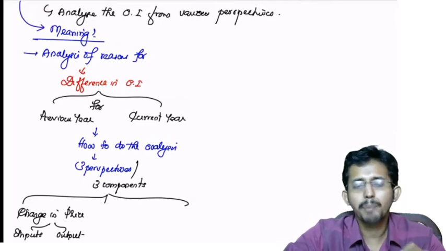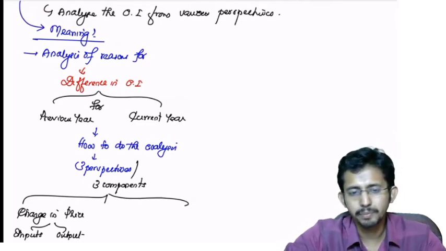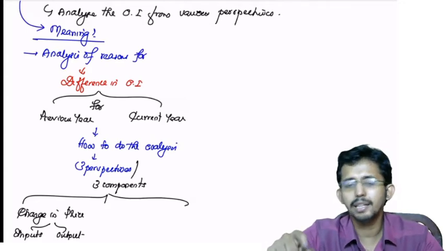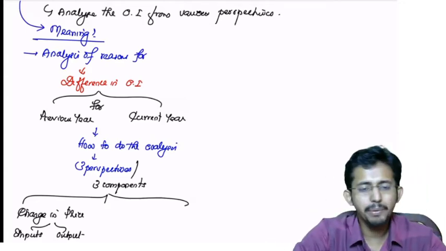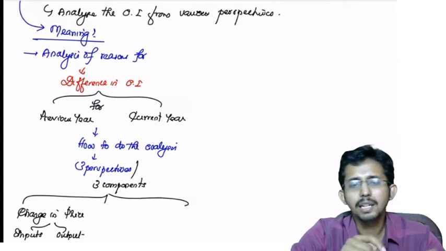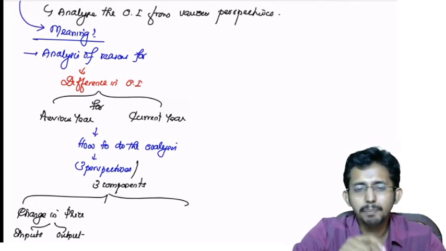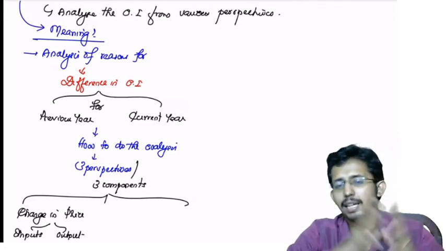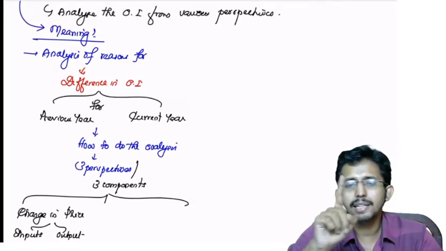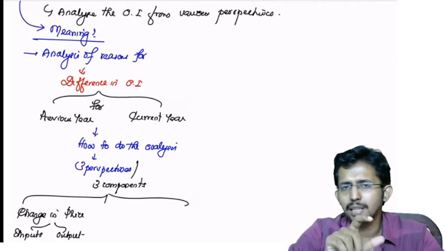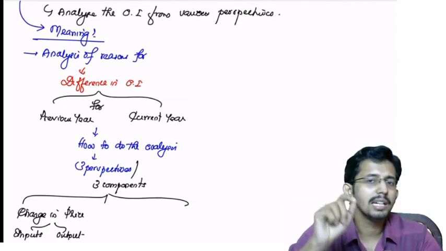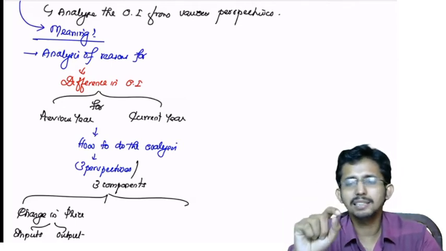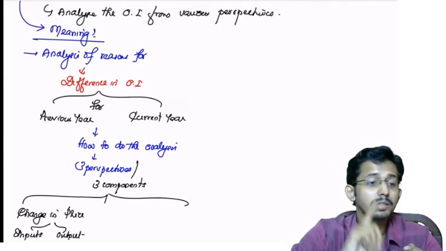So if the price of the input or output has changed for the current year in comparison to the previous year, will it make a change in the operating income of the current year and the previous year? Definitely yes. So one reason for a difference in the operating income of the current year and previous year is changes in prices of input as well as output.